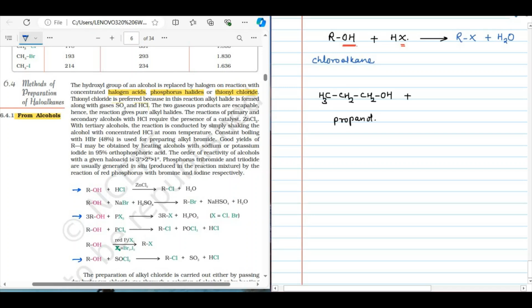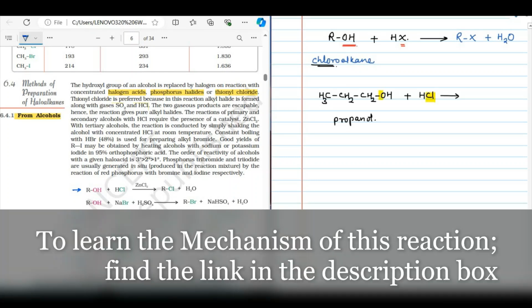When it reacts with HCl, as we want to prepare chloroalkane, that's why we have taken HCl. So when it reacts, chlorine will replace OH. I am not going to discuss the mechanism. I am just going to discuss the preparation methods.